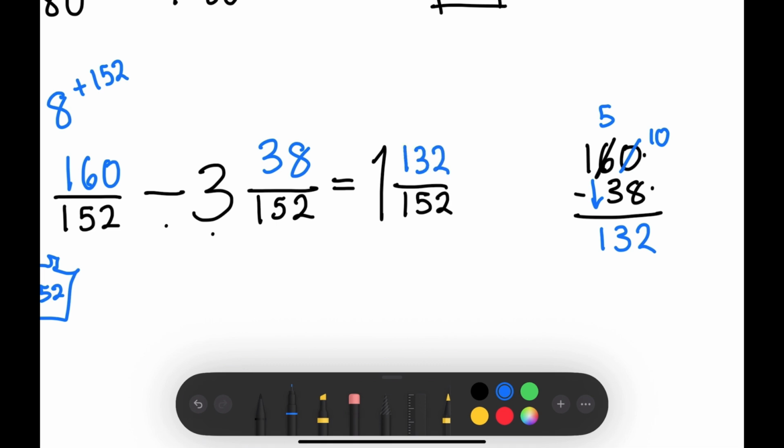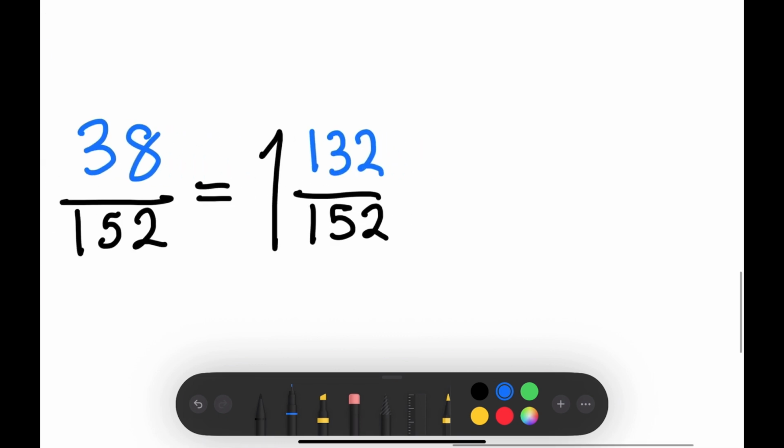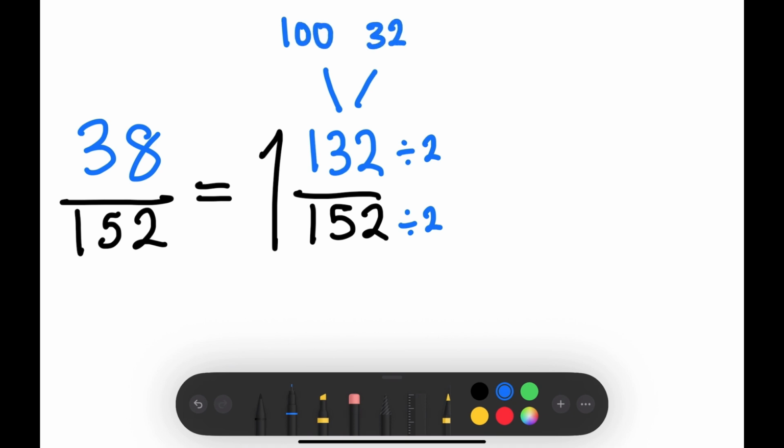Can we simplify that even more? Absolutely. And just to show you that you can, and it's not too bad, let's divide it by 2. A little hard, right? Well, let's break it up to make it easy. 132 is just 100 and 32. 152 is just 100 and 52. That's a little bit easier.